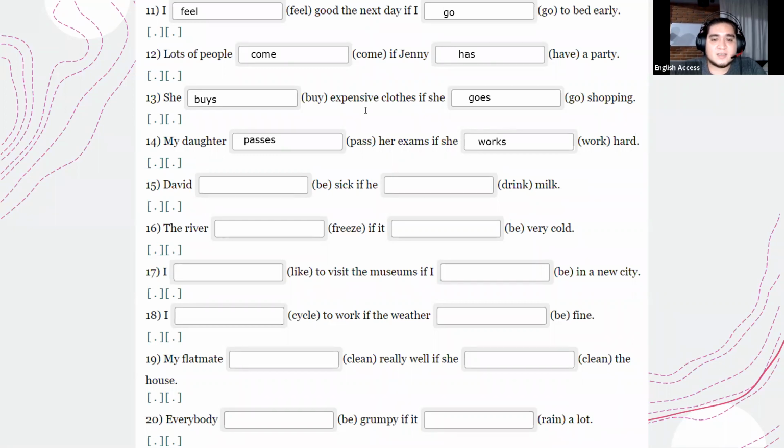So in the zero conditional, it's just simple present, simple present. The will statements are for the next conditionals. So thank you for your question, and please then go ahead. We have to follow the program.